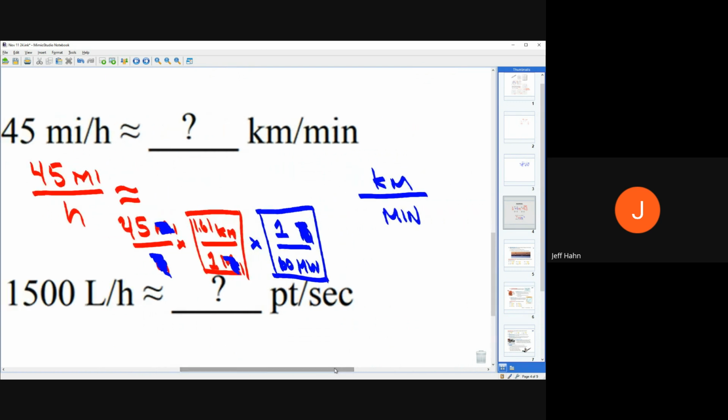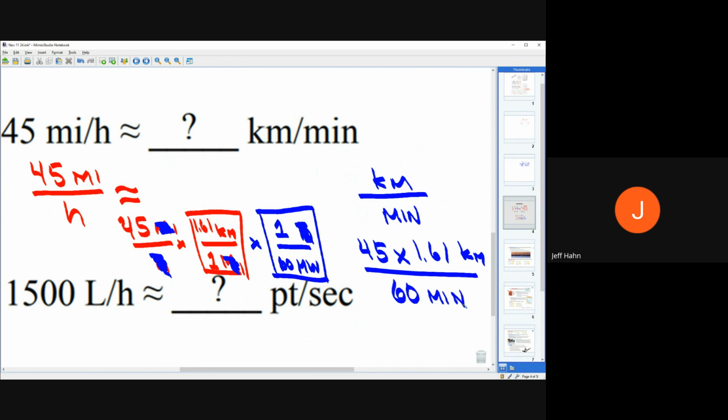We know on top, I have 45. I have to multiply it times 1.61. My label on top is kilometers. On the bottom, I have a 1 and a 60. 1 times 60 is 60, my minutes.